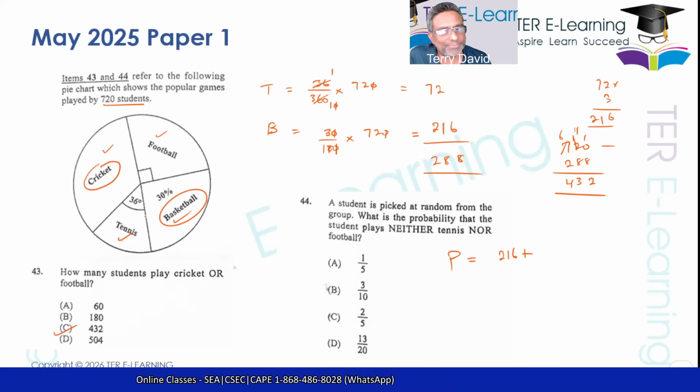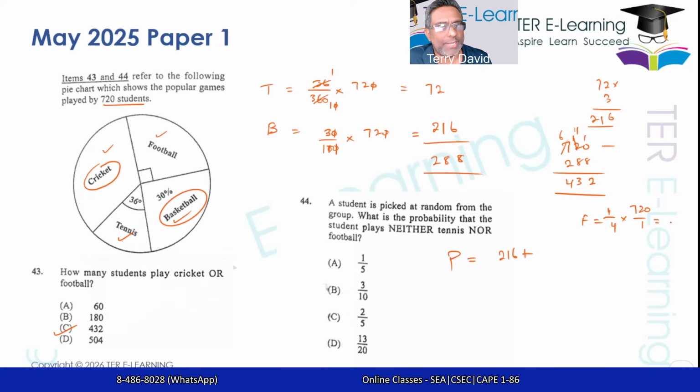So we're getting cricket. Well, I'm trying to find an easy way we could do this, right? Because we have to do some subtractions. I didn't work out football as yet. Football would have been a quarter, so football was a quarter multiplied by the 720.